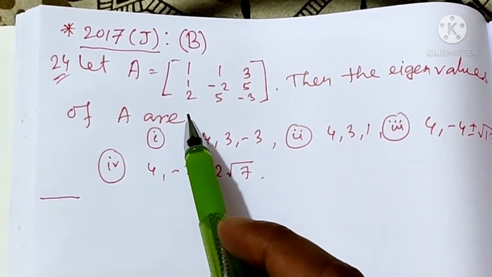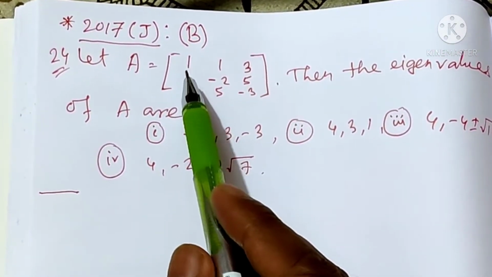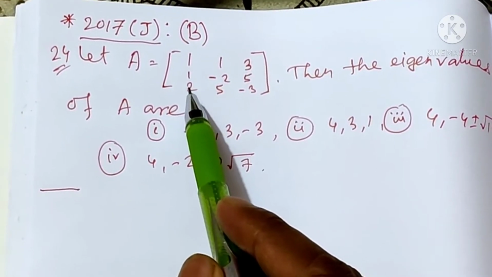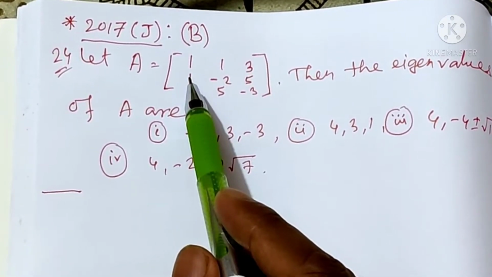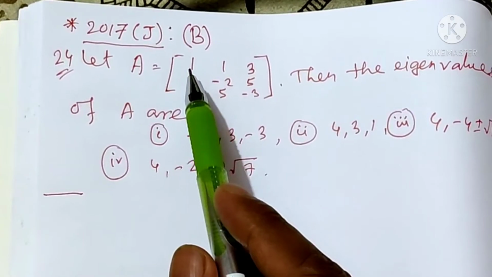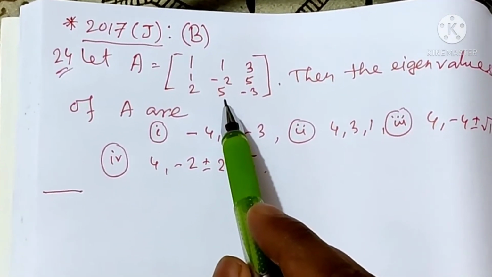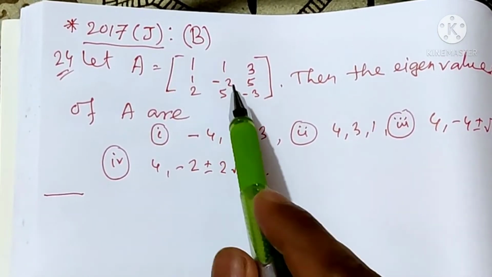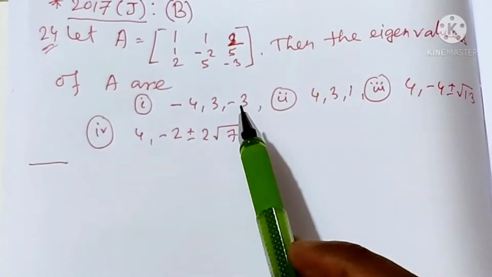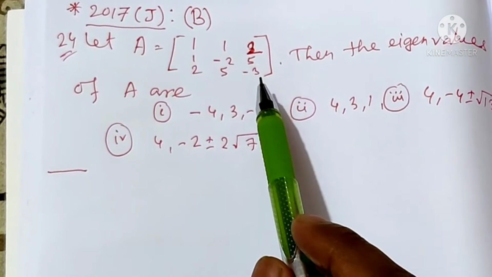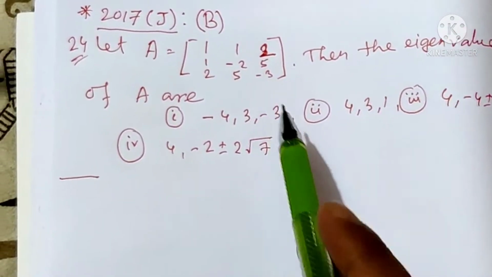Since the sum of each entry of the first column is 2 plus 1 plus 1, that is 4, and the sum of the second column is 5 plus 1 minus 2, that is 4, and the sum of the third column is 5 plus 2 minus 3, that is 4.